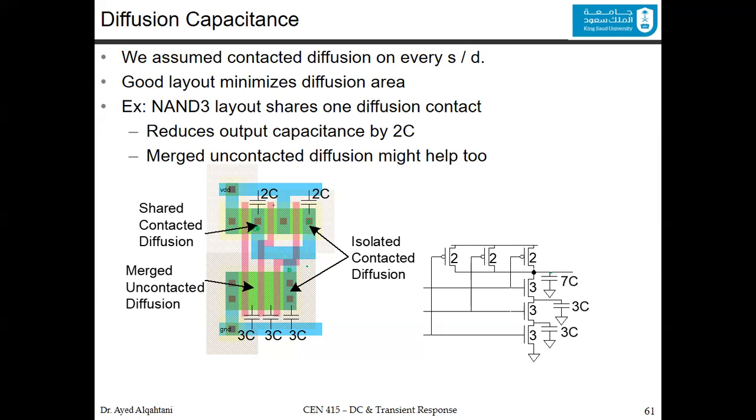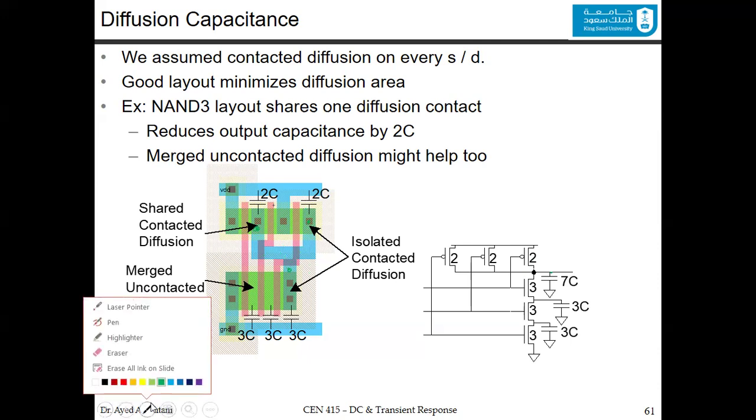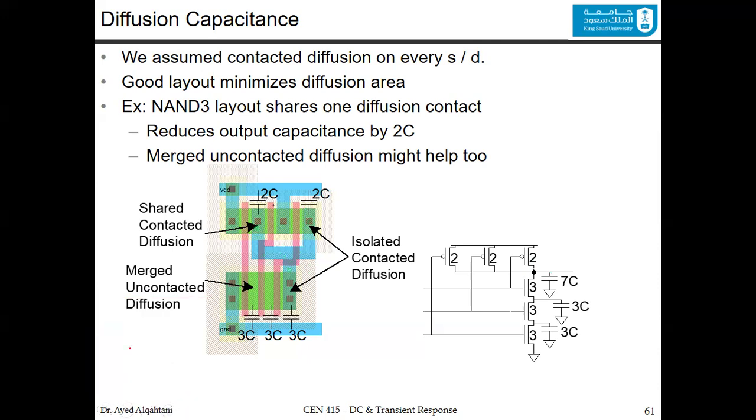One below here in the pull down, which is indicated by the 3C, which is this one. And you have this one, which is on the edge, basically this one. And those two are actually shared together, so you have only one of them. So it's 3 plus 2 plus 2, which is 7C.